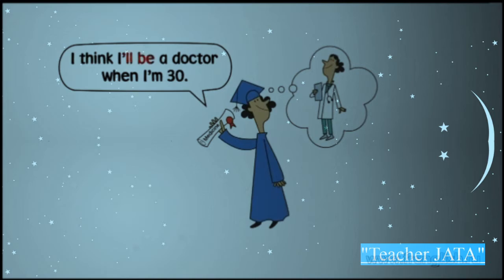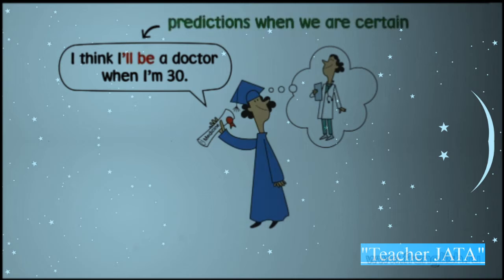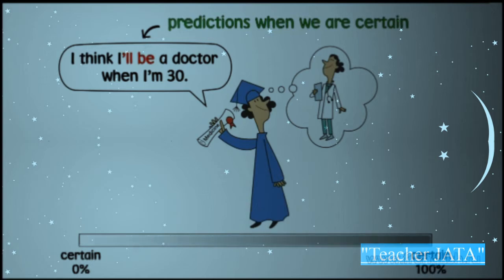We use will or won't to make predictions when we are certain. We often use I think or I don't think to introduce a prediction.